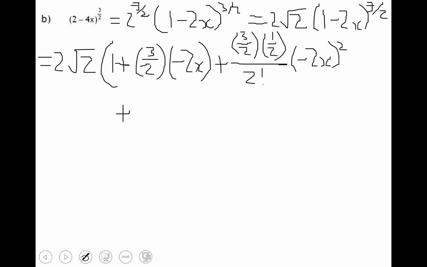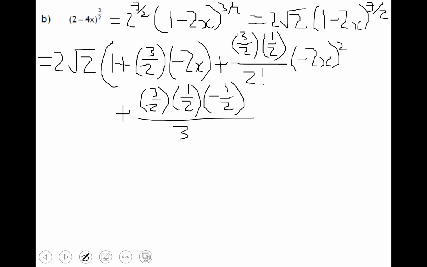And then because we're going up to x cubed, what we've got so far, the 3 over 2 times a half times 1 less again, which is minus a half, all over 3 factorial times minus 2x all cubed.